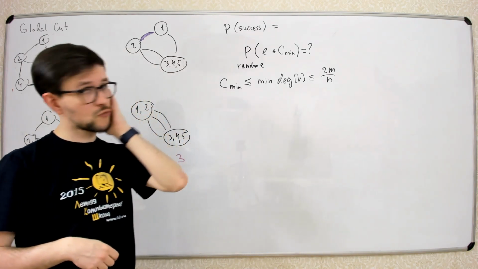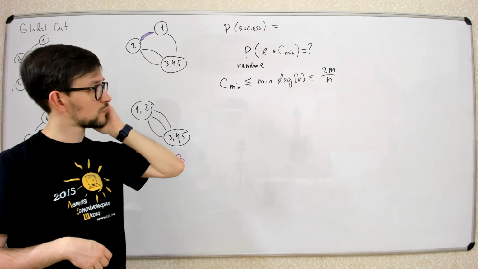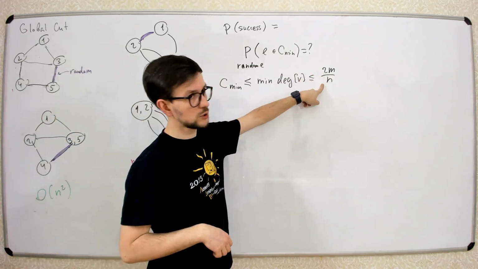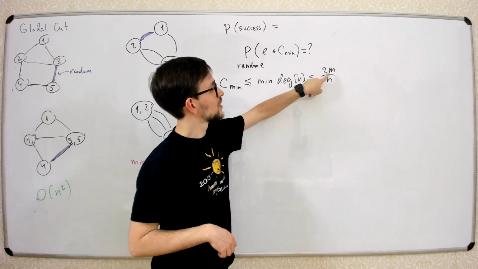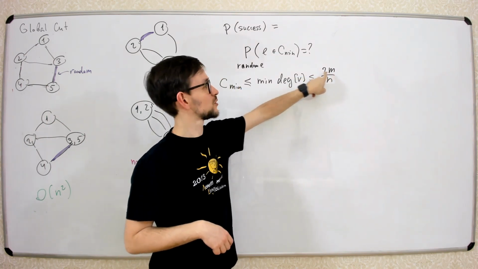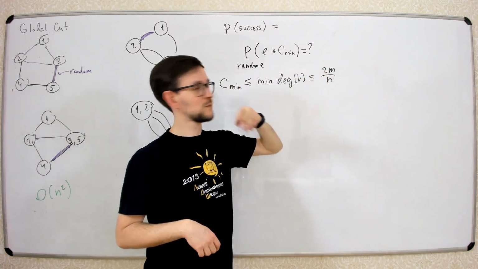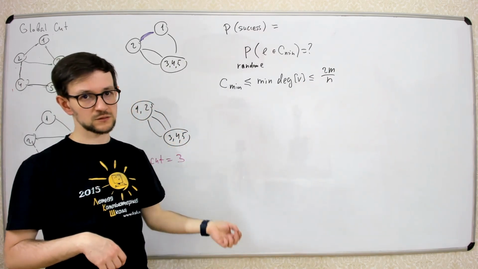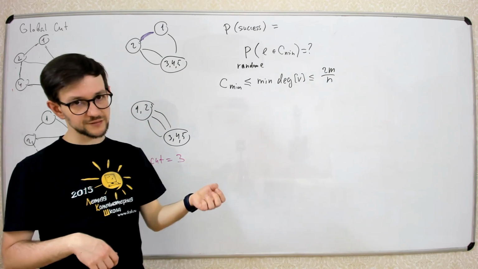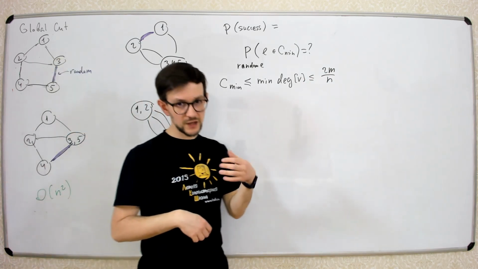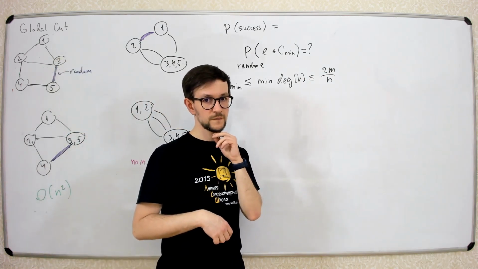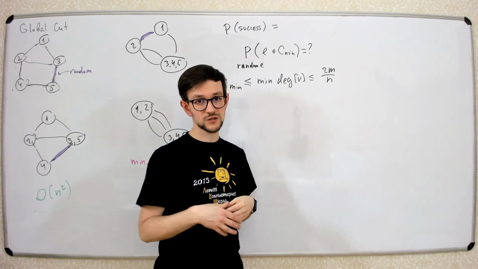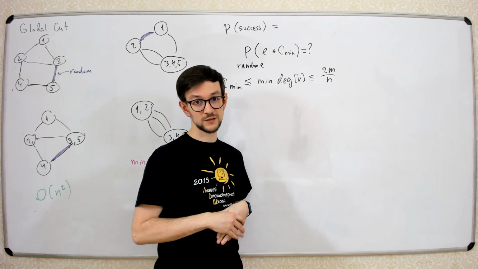For example, if you have a full graph, then you have n squared over 2 edges, so it will be n squared over n. So the size of the minimal cut in the full graph is n. If you have a sparse graph, then the minimal cut is small. For example, in a planar graph, you can always cut some 5 edges to make it not connected.